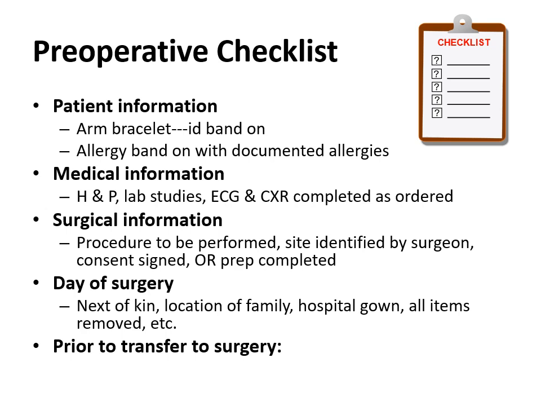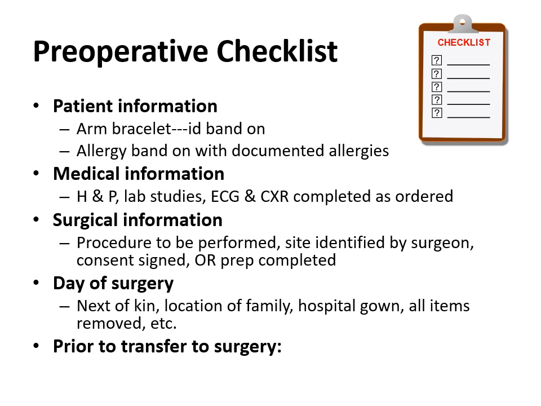Medical information for the patient needs to be on the chart. Remember, history and physical must be on the chart. The only exception to that is emergent surgery where it's kind of a life and death situation. Obviously that trumps that. Lab studies, ECG, chest x-rays are completed as ordered.